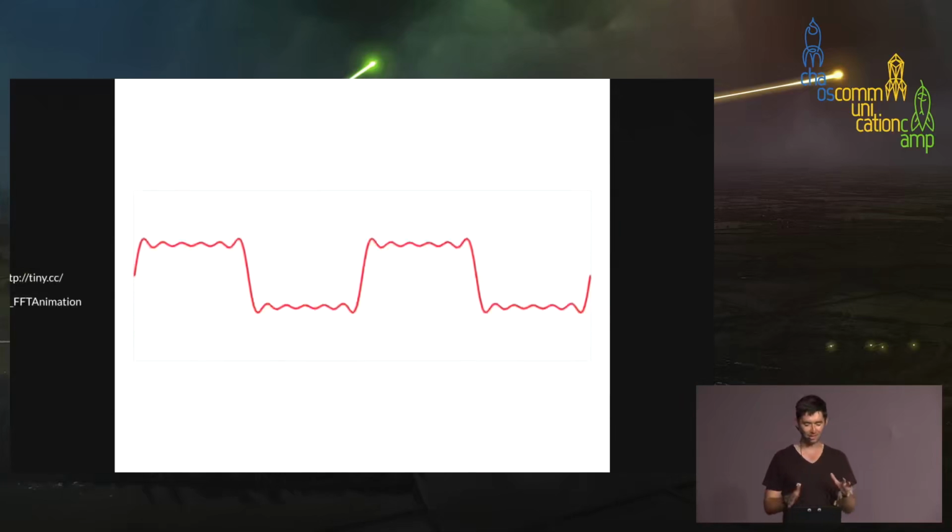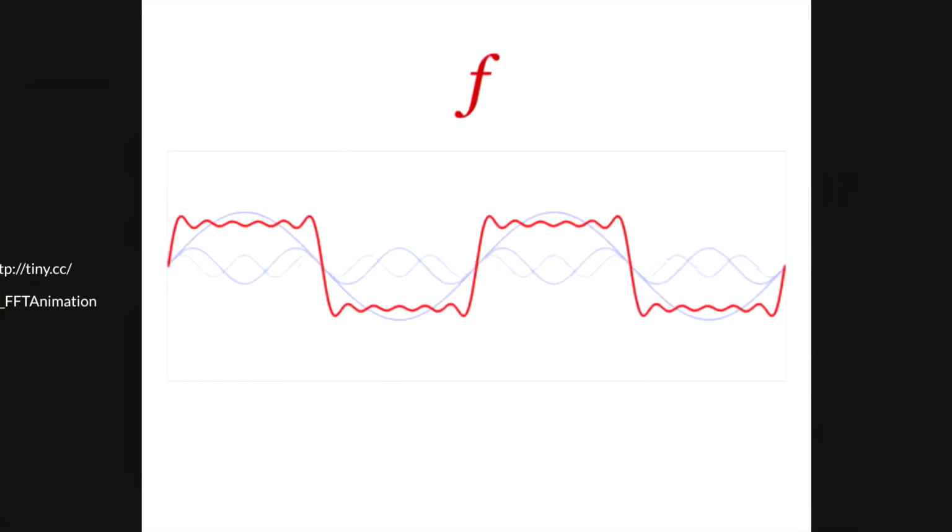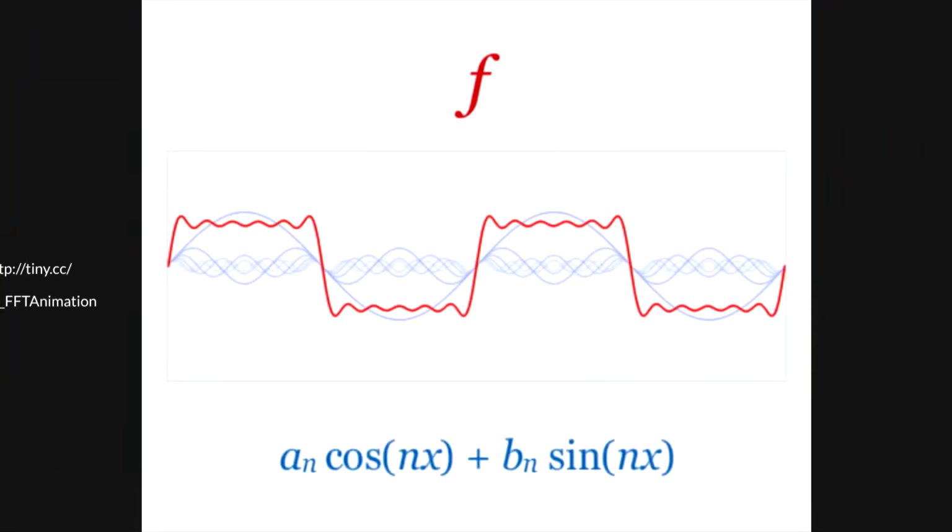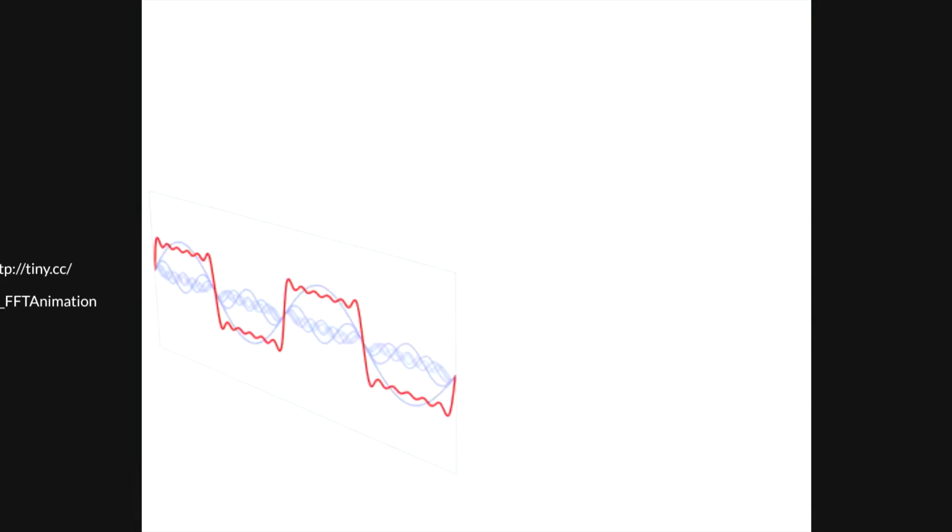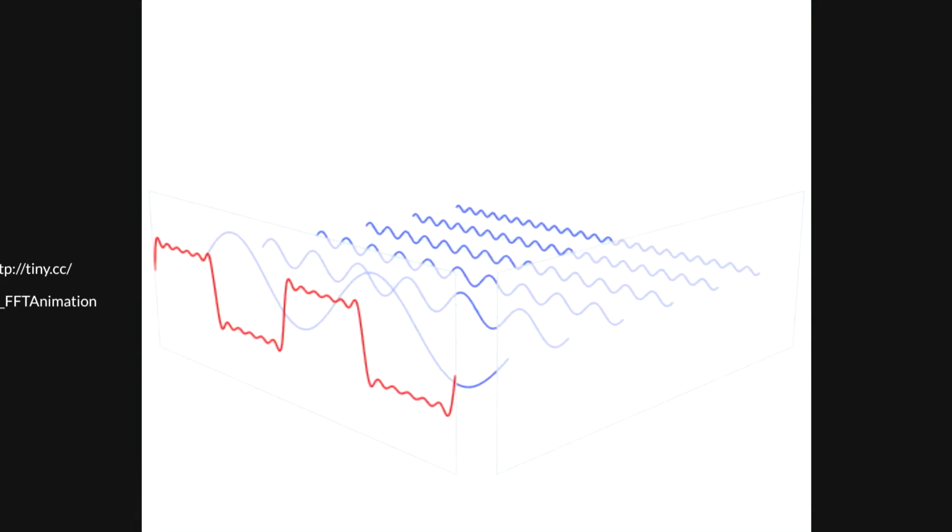But I also found a great animation, and we'll hope that this plays. It looks like it's going to. I love this because it's showing you the components that actually exist and sum up to make a square wave. So this is a simplified version. They make up this square wave, and they exist in these different amounts. The largest sine wave is the main frequency that exists within it, but then there's all these smaller frequencies as well.